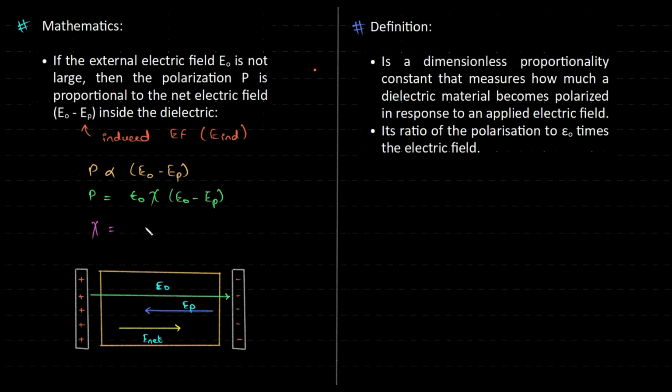This will be equal to polarization divided by all of this set of expressions. So chi is a dimensionless proportionality constant that measures how much a dielectric material becomes polarized in response to an applied electrical field. It's the ratio of polarization to epsilon naught times the electrical field. The electrical field, when we talk about it, is the net field, the overall field that we're looking at.